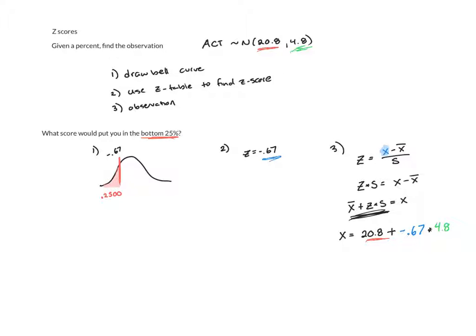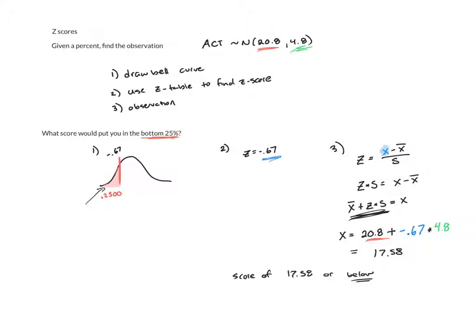Which will give me, when I round to two decimal places, 17.58. So what I just found is that if you're going to be in the bottom 25% of people, you need a score of 17.58 or below. And we're saying specifically or below because we want the lower tail. So it'll be that division or below.